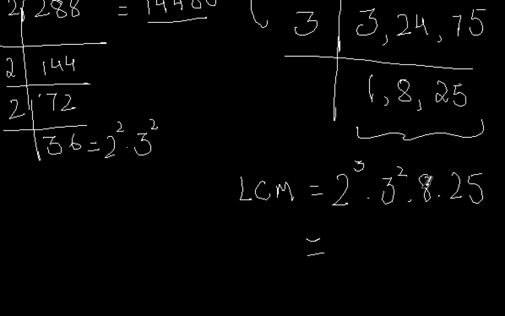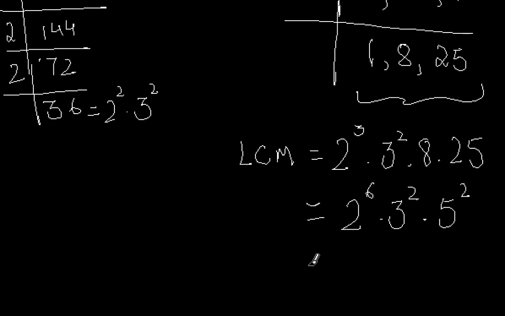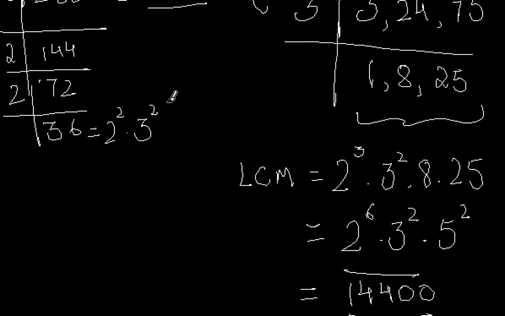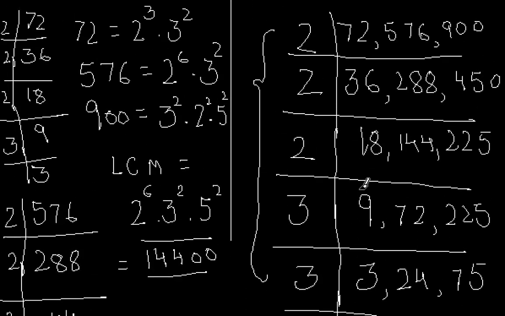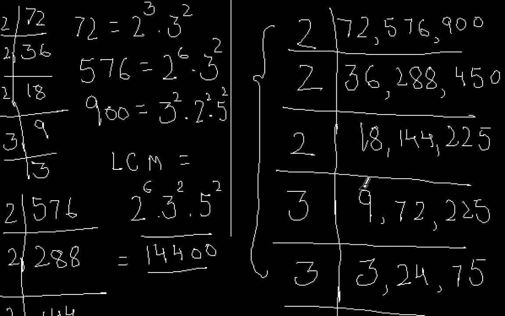So 2 raised to power 3 into 2 raised to power 3 is 2 raised to power 6 into 3 square into 5 square. 25 is 5 square. This will again come out to be 14,400, which is the same answer which we got from the method of factorization. So these are the two methods of finding the LCM of two or more numbers.